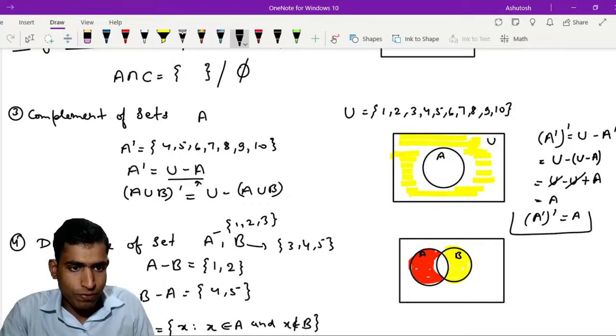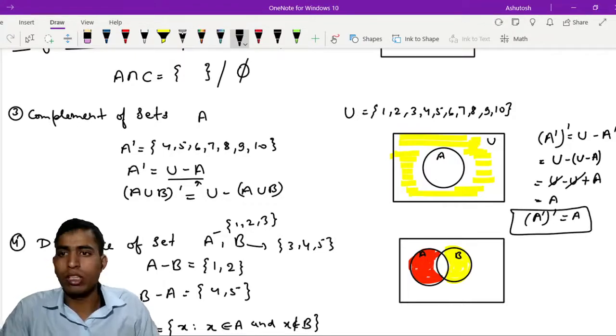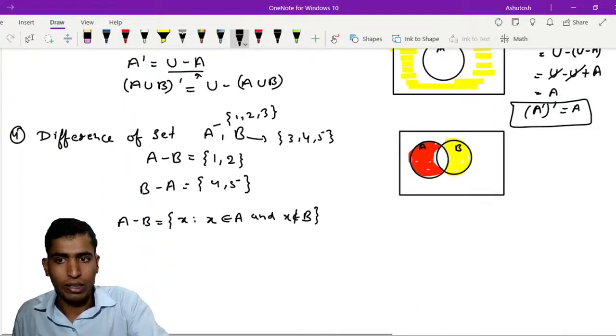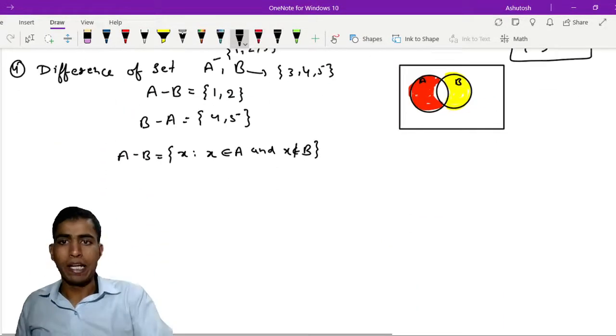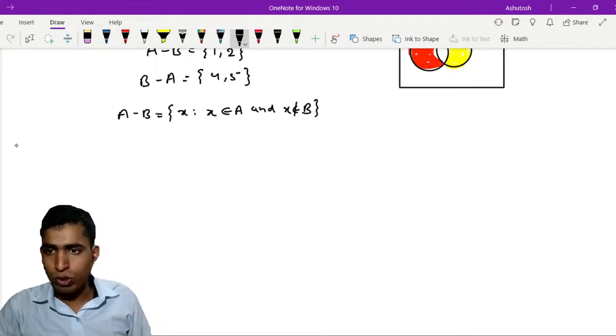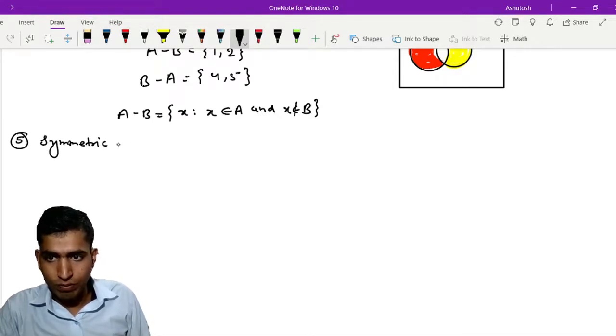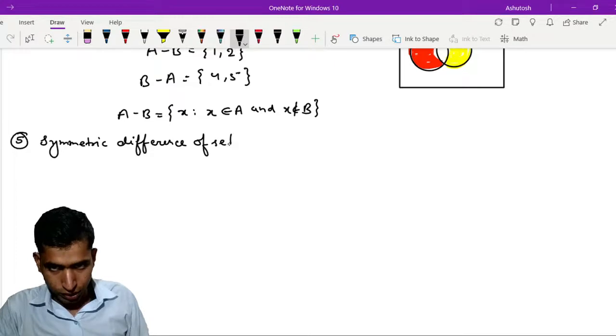Hope you got the meaning of the disjoint set, and now the difference of sets. The last thing I am going to tell you, the fifth one, is the symmetric difference of sets.